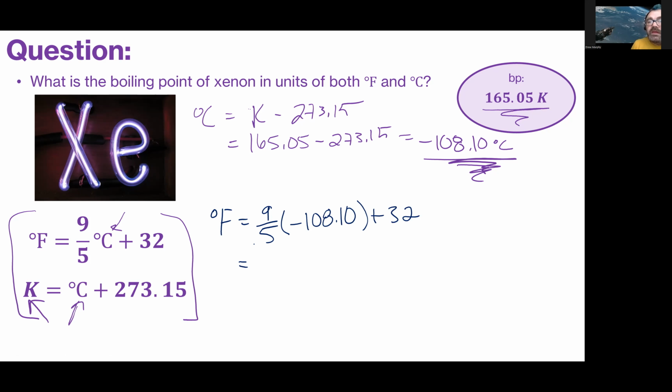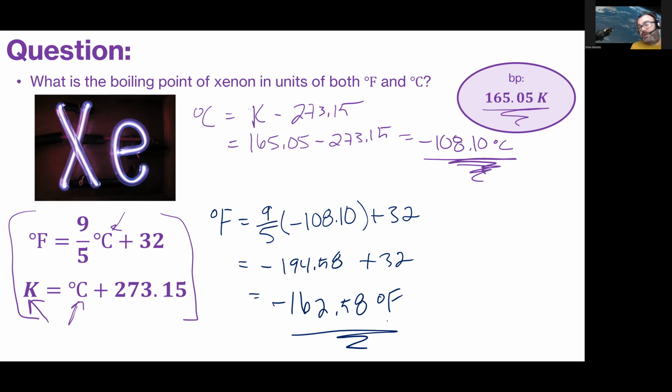To do this, I'm going to take our negative 108.1, multiply it by 9 and divide it by 5. That gives us negative 194.58. We're going to add 32 to that, which is negative 162.58. We need units of Fahrenheit, and we're good.